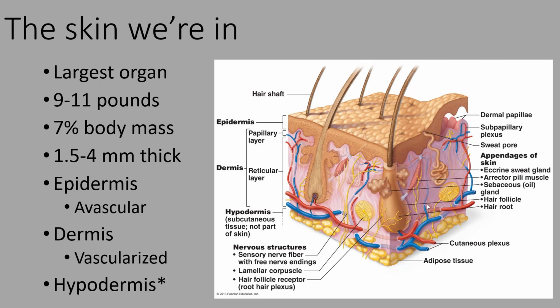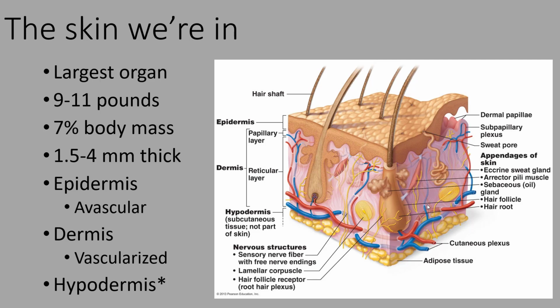And the skin is divided into a few different layers. The most superficial, or the outside layer, is called the epidermis, and it is avascular, meaning that it does not have a blood supply. There is no blood supply in the epidermis. Just deep to that, we have the dermis.